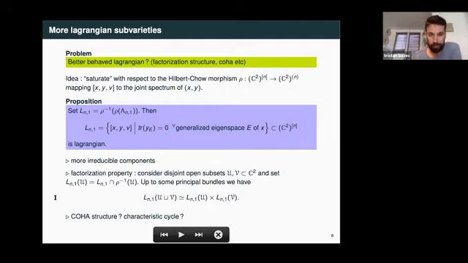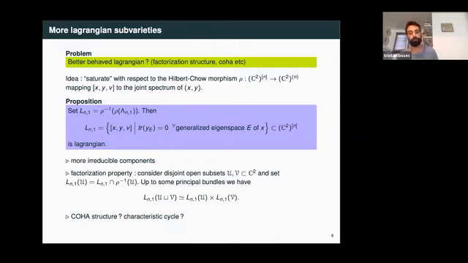So expressly require the eigenvalues being in U. And then what I vaguely say as up to some principal bundles, which means that there's an incidence variety somewhere here with nice fibers, requiring the eigenvalues to be in U and V is pretty much the same as considering the product of these two Lagrangian subvarieties.